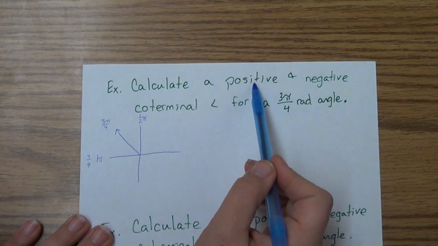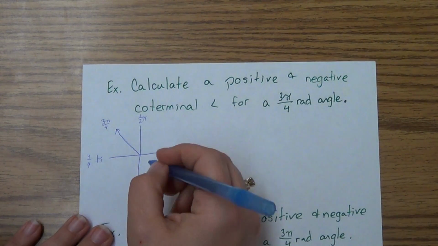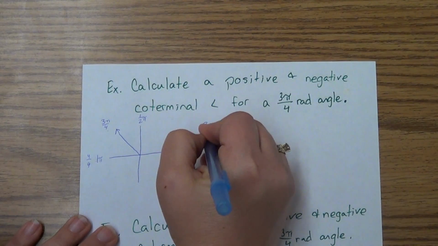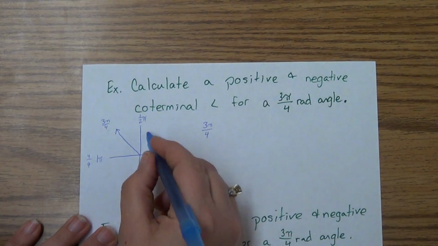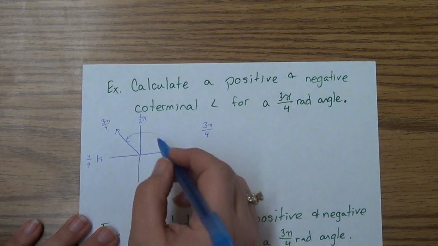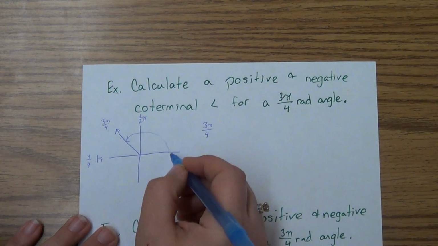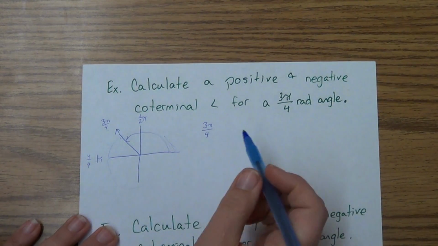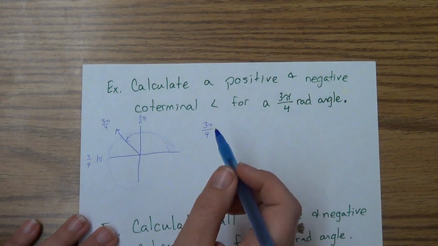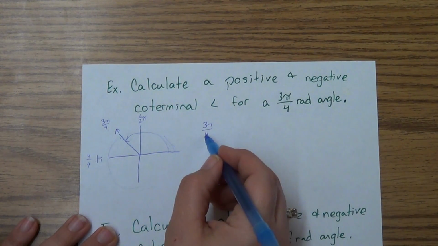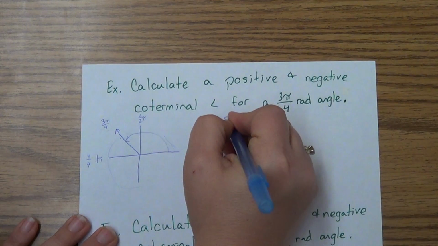Okay, so if I want to find a positive and a negative coterminal angle, let's start with my positive one. I'm at 3 pi over 4. I went this way to get there. So the only way to go in the positive direction and end up there is to go all the way around the circle. Well, how far is it around the circle? It's 2 pi, but we're in fourths, so that would be 8 pi over 4.